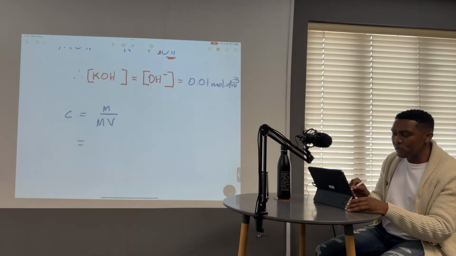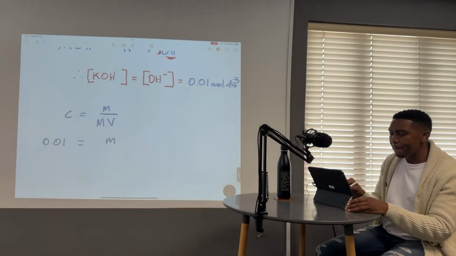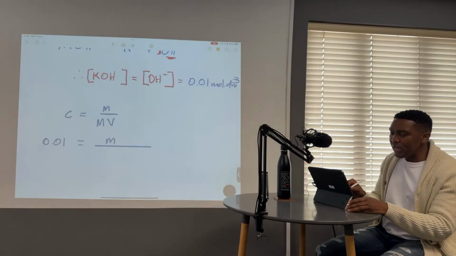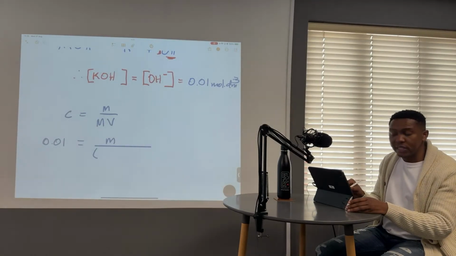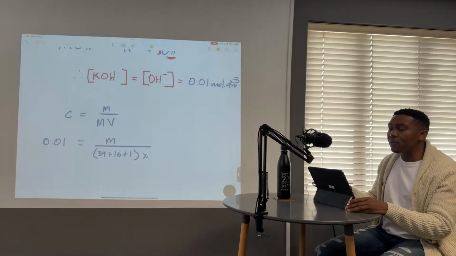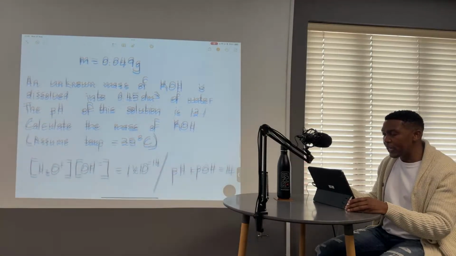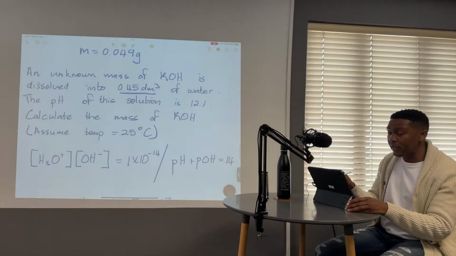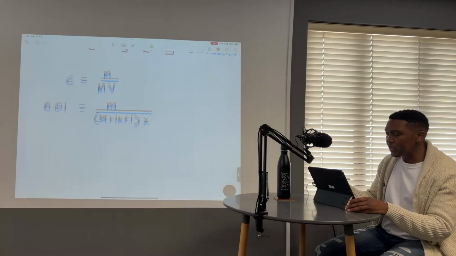Our mass, this is what we're looking for, but our concentration is 0.01. Potassium hydroxide, from the periodic table, potassium is 39, oxygen 16, hydrogen is 1, and the volume that we were given is 0.45, right? So in that case, we've got 0.45 cubic decimeters.